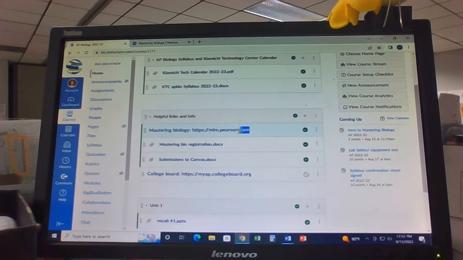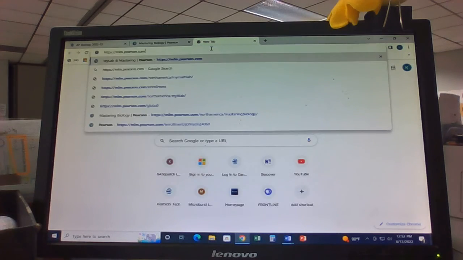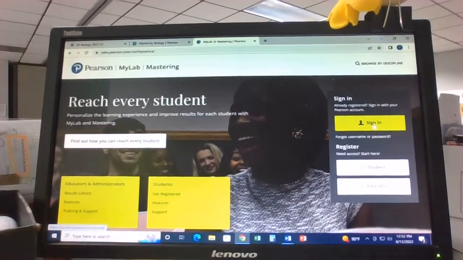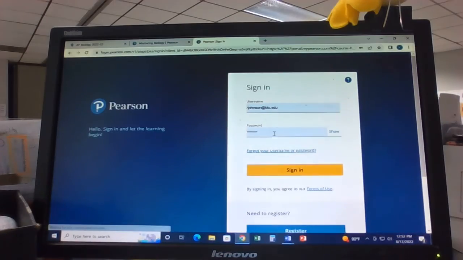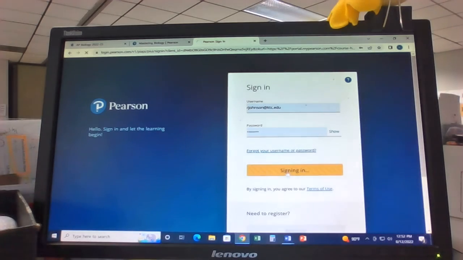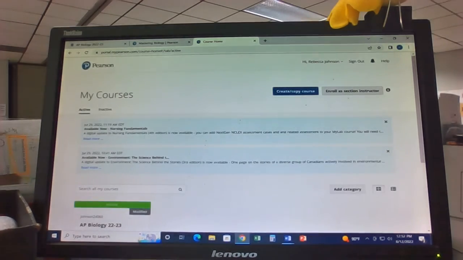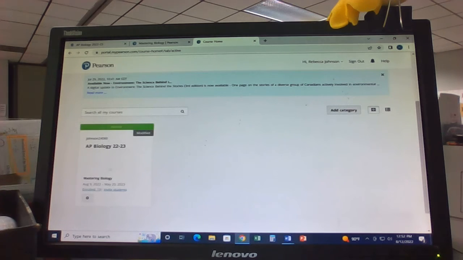So you have to copy and paste, because it's not an active link. So you have to copy that, and you have to paste it, and it will take you to your login page. Once you get to your login page, you click sign in. It will ask for your name and password, and then it will take you to a page that looks like this.